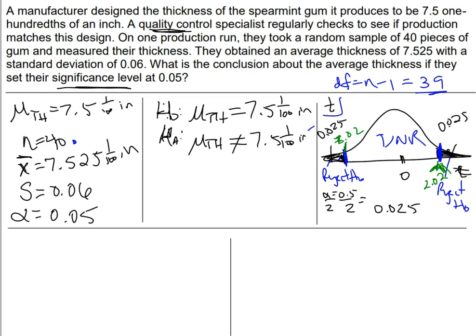So in essence, if my t-value is either less than negative 2.02 or greater than 2.02, then that's the level of screwing up that I'm comfortable with. Remember, my level of significance is the probability of committing a type 1 error when I look at my data and I had assumed that the null was correct. If the null was actually correct, the probability of rejecting it based on the data is what the level of significance represents, right?